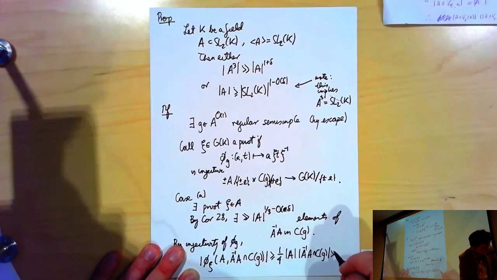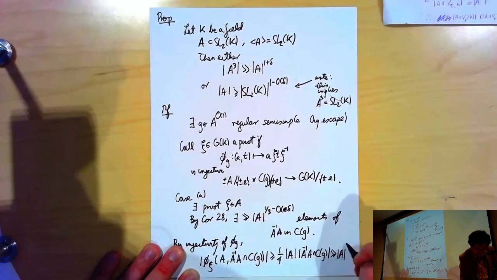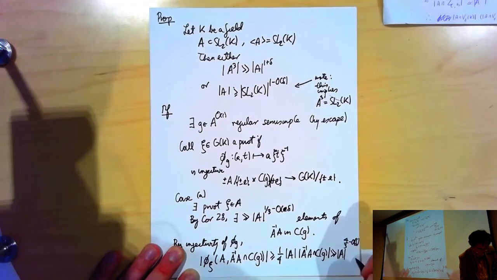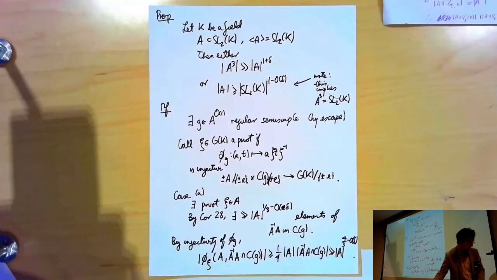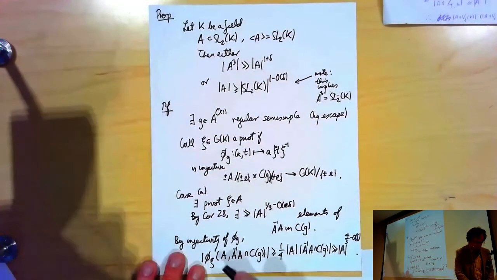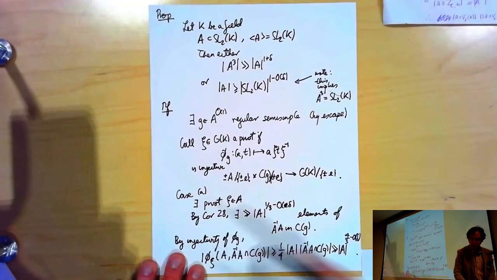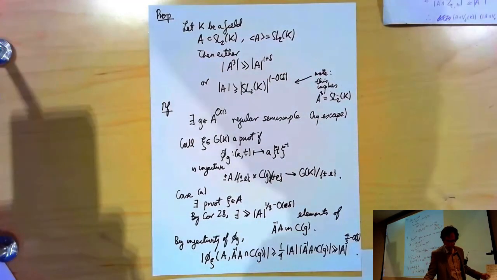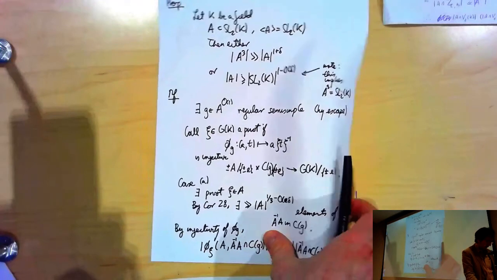So you have that this is at least A to the 4/3 minus O of delta. Very well. But phi xi, this is in A inverse A, and xi is also in A by assumption. So this is going to be contained in A to the 5th.